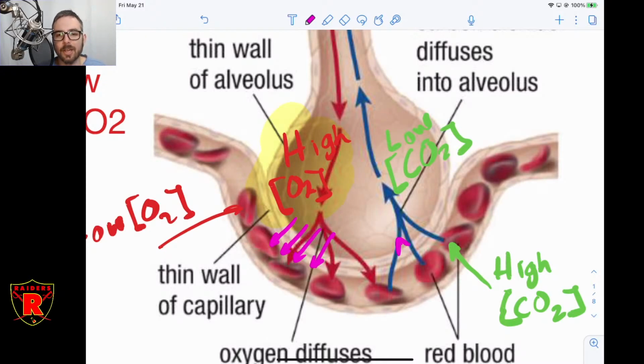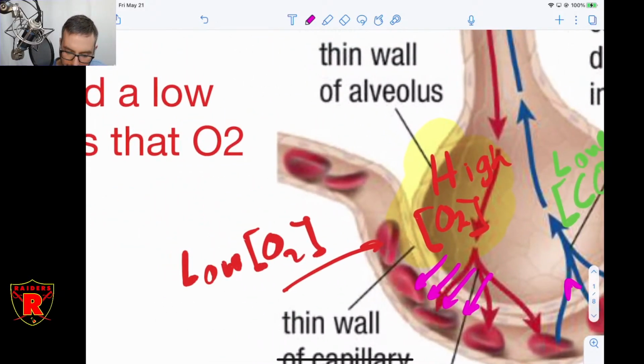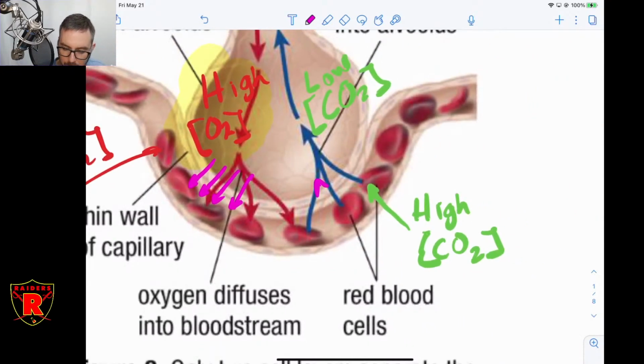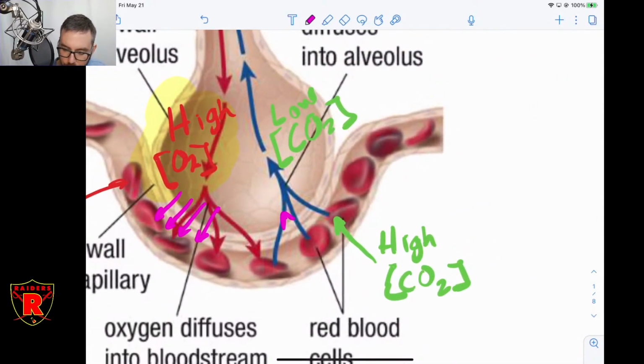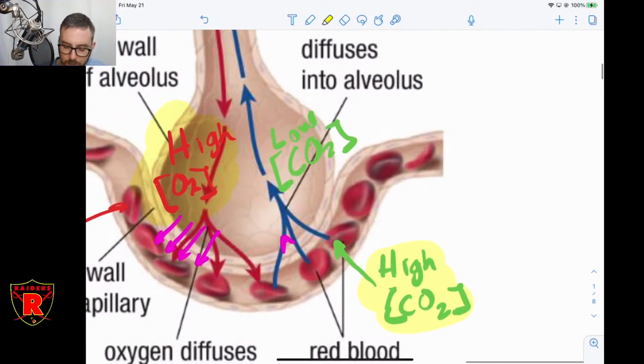Now, on the other side of this, we can't forget about the products of cellular respiration, because this is not just about getting oxygen in. It's also about removing the product of respiration, which is carbon dioxide. So if you can imagine that coming in through this blood is going to be lots and lots of CO2. So you have high CO2 in your blood. Now, in the air that you're breathing in, there is relatively low CO2.